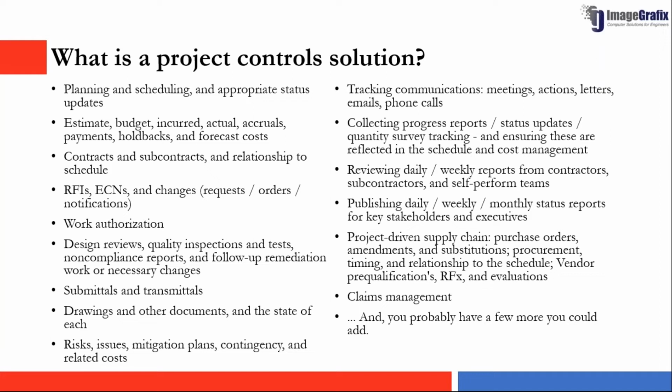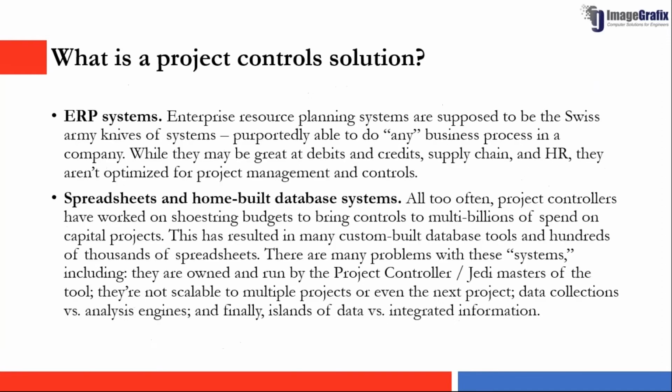And collecting progress reports on a daily basis, reviewing these daily and weekly reports from contractors and subcontractors, as well as publishing this data so that it will be available for the project manager, portfolio manager, and program manager, right? So they know the visibility of your project. And you will want many other processes in your project control solution, right?